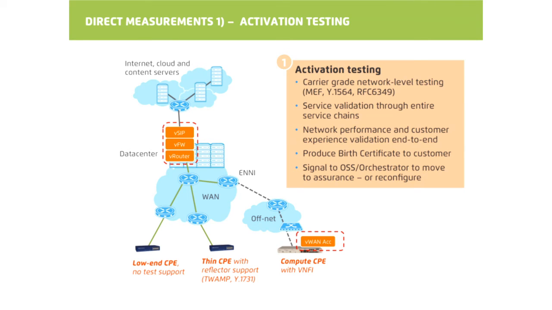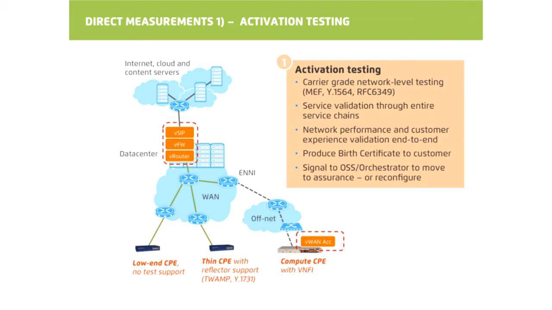And this activation does not only include the carrier grade network level measurements, but also tests through the service chains, all the way from the CPE and traversing the chain of VNFs in the data center. And by doing this, we also provide a signal to the orchestrator whether or not it's okay to move over to assurance, or perhaps reconfigure or redeploy if something fails.